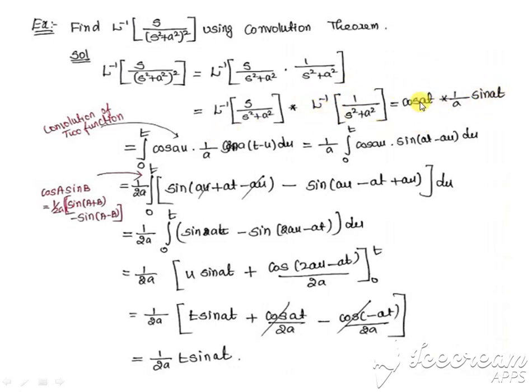Now we need to perform the convolution of these two functions. In the first function t is replaced by u, and in the second function t is replaced by t minus u, du, with limits 0 to t.